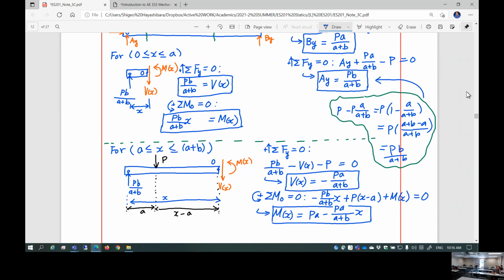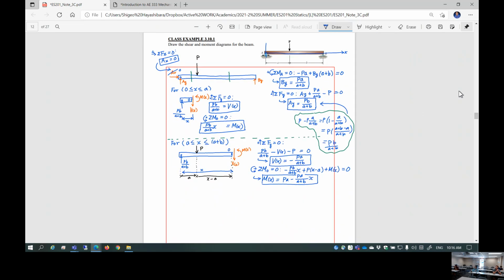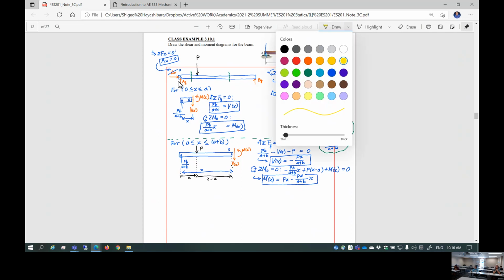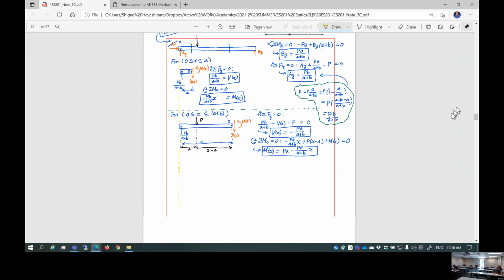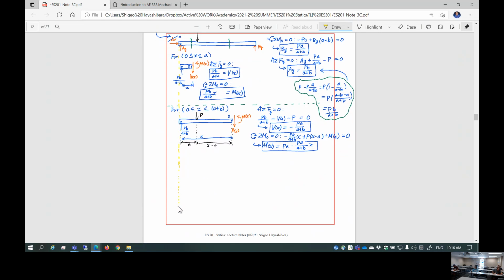Now let's just draw a diagram. I'm going to zoom out and show the entire picture here. So let's construct the diagram. I'm going to draw a vertical line, and set the coordinates. First of all, you are going to construct the shear.